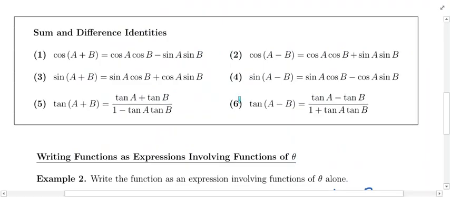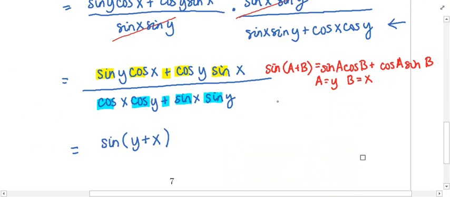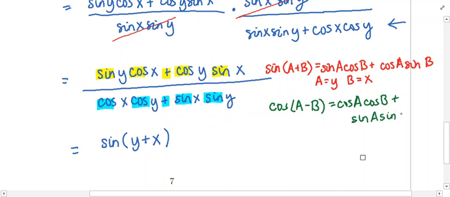Okay, so if I go back to page 1, what do I see? I see a cosine cosine plus sine sine. So this is matching up with the difference formula for cosine. All right, so if I go back to my page here, the bottom is matching up to the difference formula for cosine, which tells us that the cosine of a minus b is cosine of a, cosine of b, plus sine a, sine b.